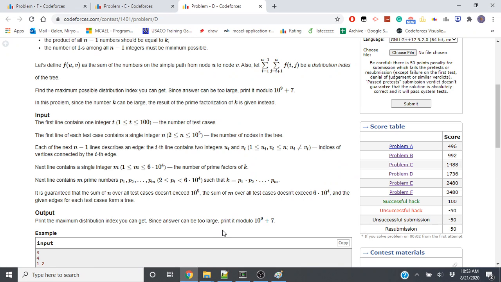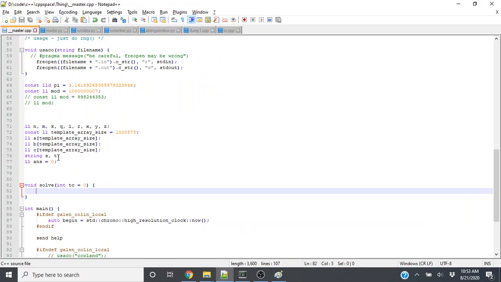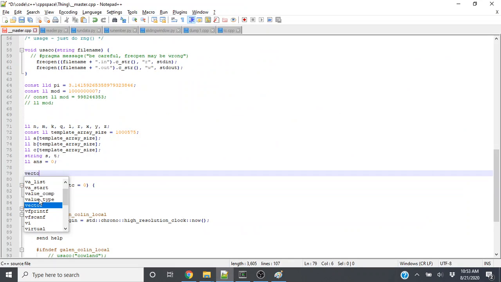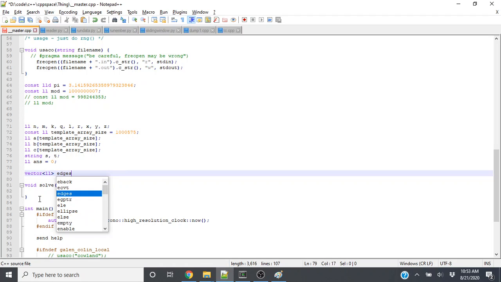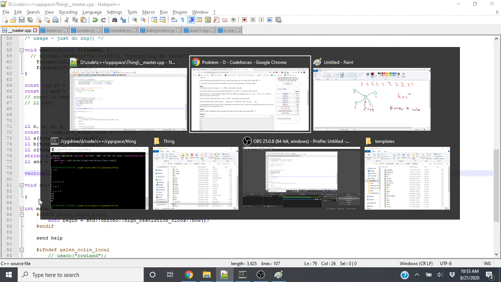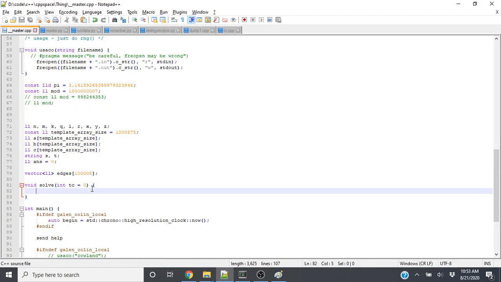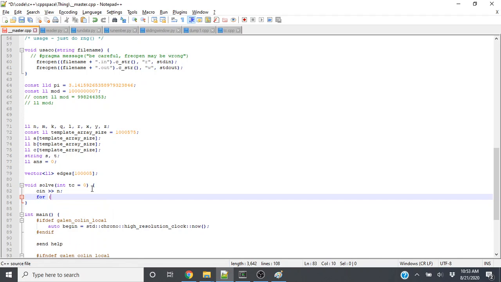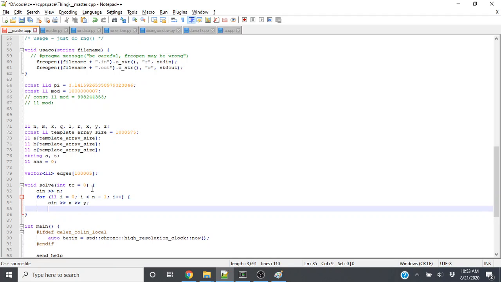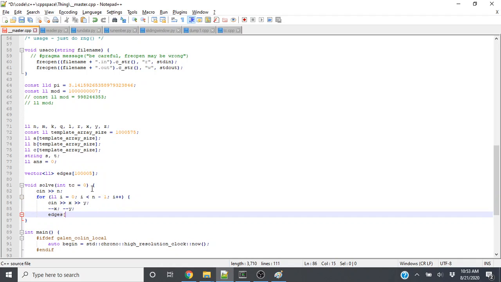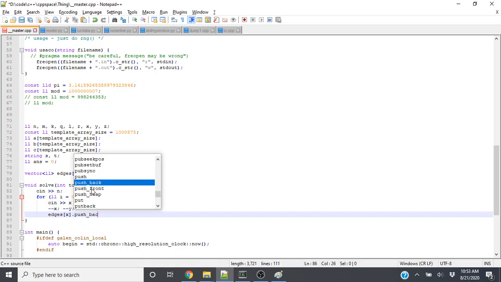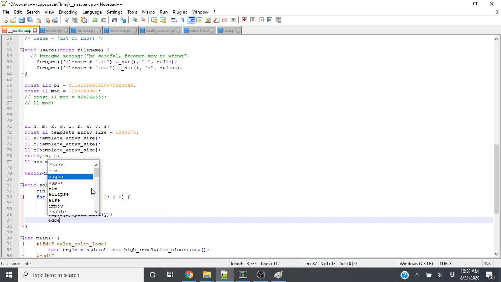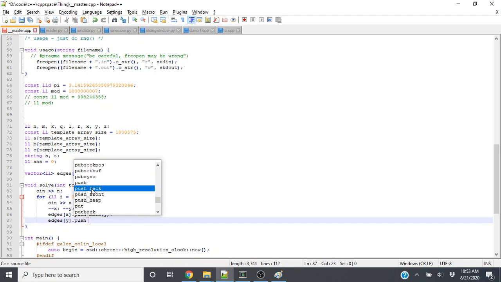Okay, so first we're going to read the tree. Vector LL, edges, big number, 10 to the 5th at most, so cin to n. That's just standard stuff for reading in a tree.